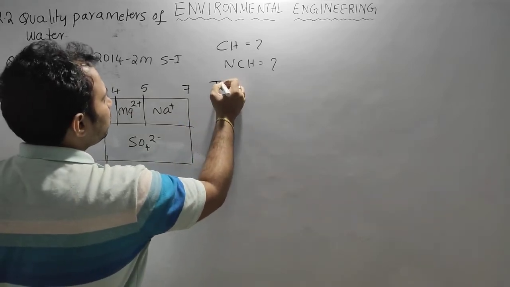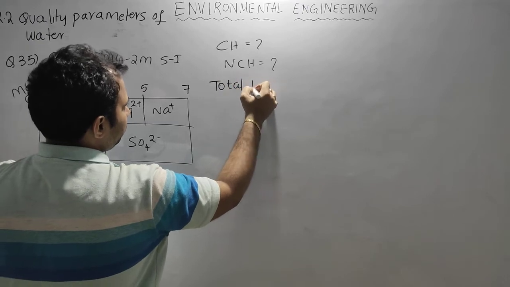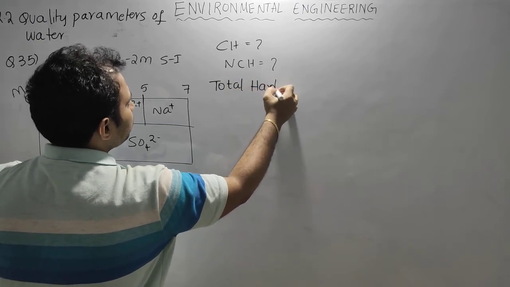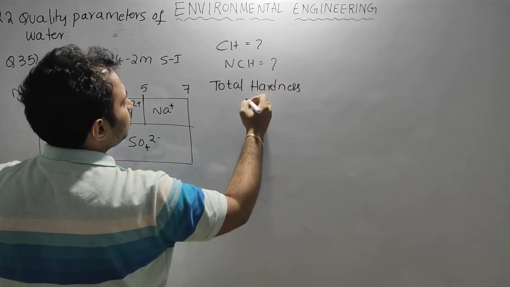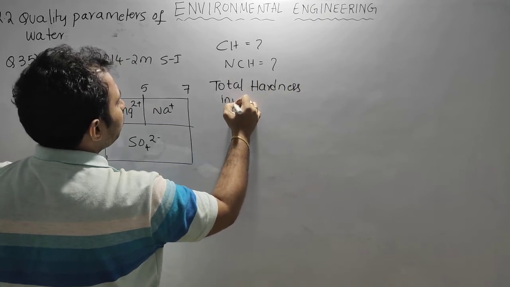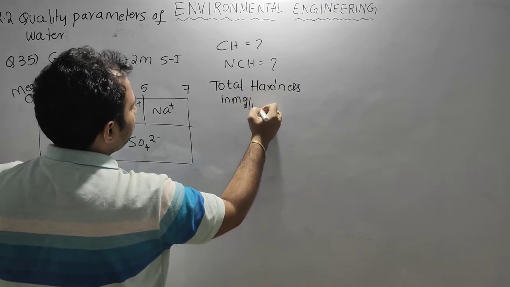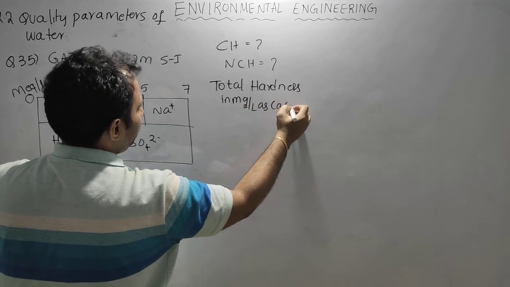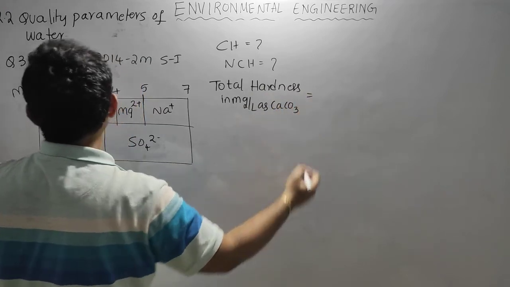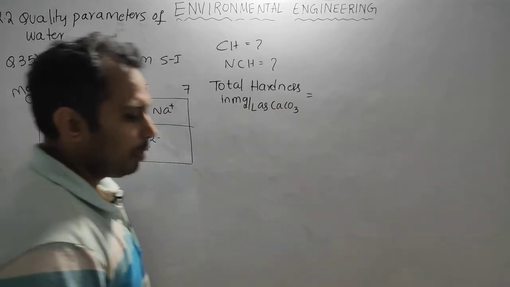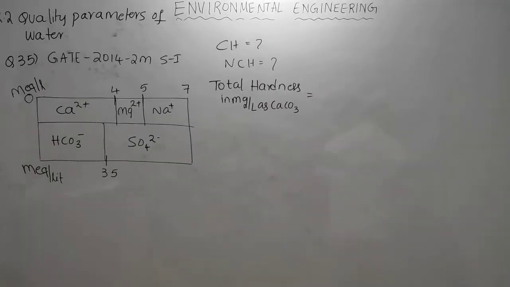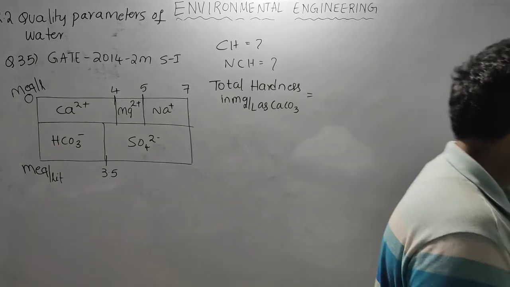Total hardness in mg per liter as CaCO3. See, here the data is given in milli equivalent per liter. So when any data is given in milli equivalent per liter, what is the formula of the hardness?